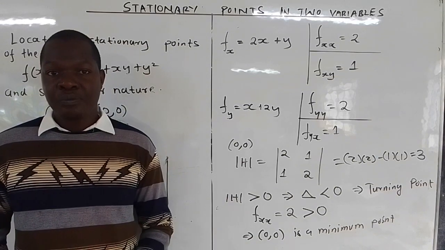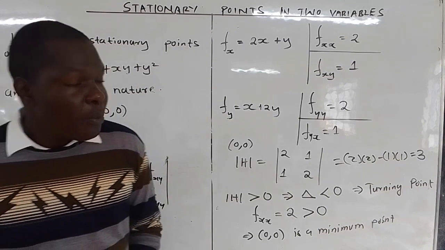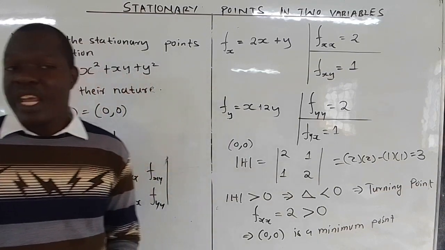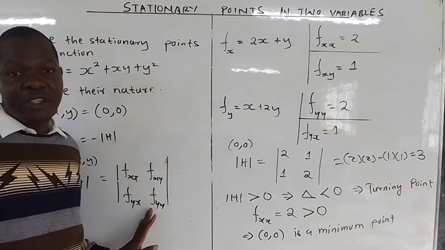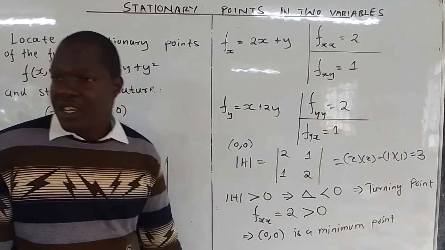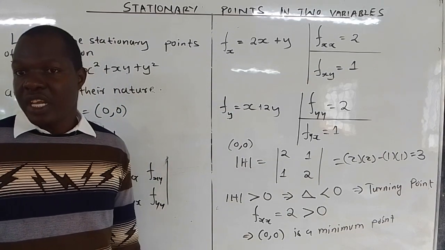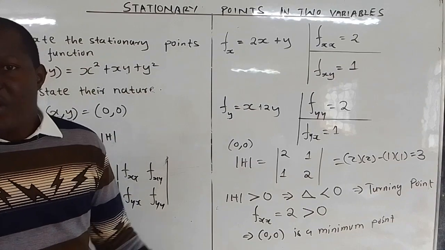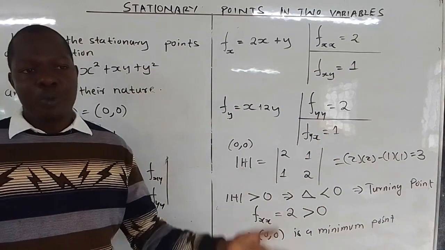Are you seeing that? So once you've located the stationary point, when you are determining the nature of a stationary point, you construct the Hessian matrix. When the determinant of the Hessian matrix is greater than 0, then automatically the discriminant is less than 0, isn't it? So when the discriminant is less than 0, it is a turning point. When the discriminant is greater than 0, it is a saddle point, isn't it?